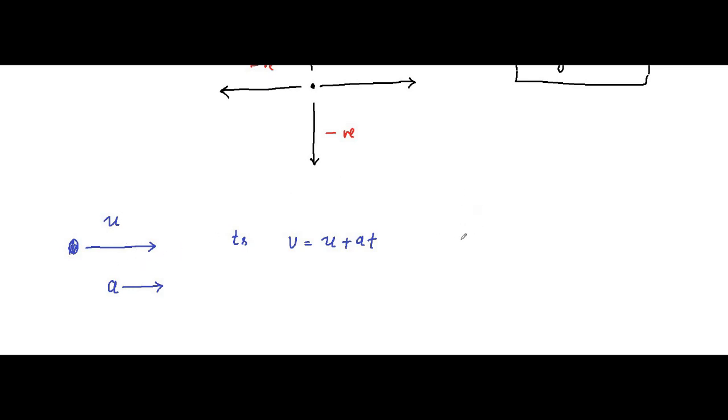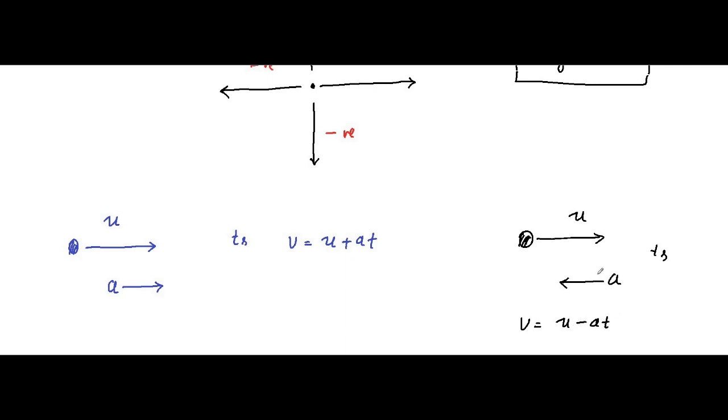Now let us say we change the situation where the same object is moving with certain initial velocity, but acceleration is in the opposite direction. There is another force which is opposing the motion and it is causing it to decelerate, to slowly reduce its speed. So here, after an interval of t seconds, the final velocity will be u minus at.